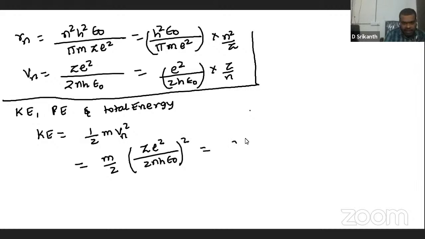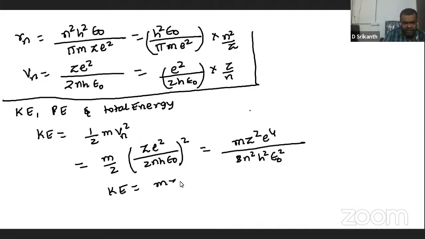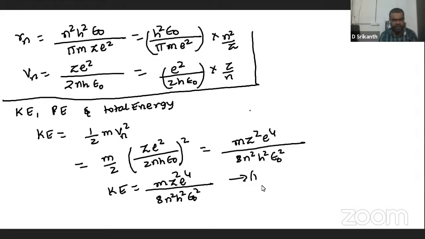That is mZ square e power 4 by 8 n square h square epsilon naught square. So kinetic energy is equal to mZ square e power 4 by 8 n square h square epsilon naught square, called equation 1. That is the equation for the kinetic energy.